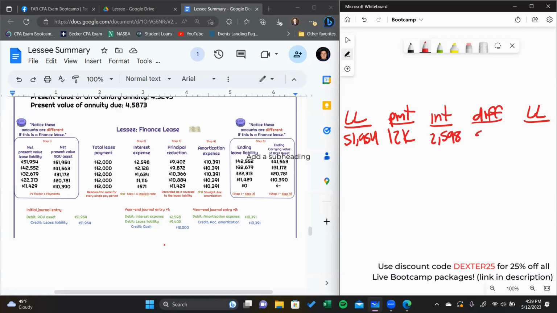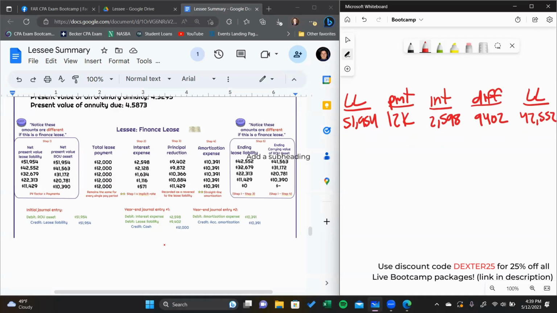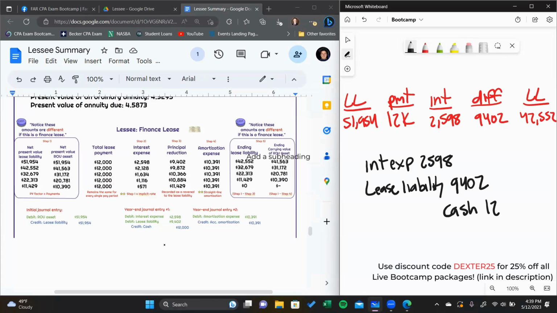And the difference is 9,402. Then we reduce our lease liability by that amount, which would be 42,552. So the journal entry we would make here is we would debit interest expense for 2,598, debit lease liability for 9,402, and credit cash for 12,000.